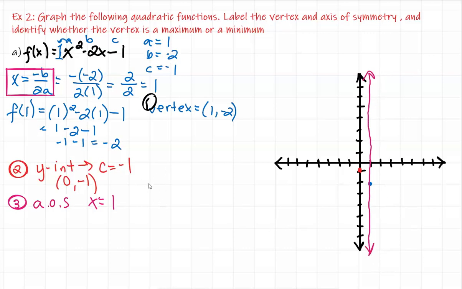And we can use that to our advantage because we know that it's mirror images. If this point is here, then it should be exactly the same distance across as another point over here with the same y value. So if I'm 1 away from the axis of symmetry, then there's another point on this side that's 1 away from that y-intercept. So that gives us a free point.